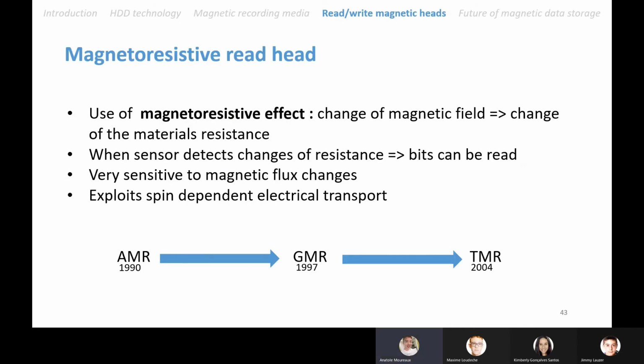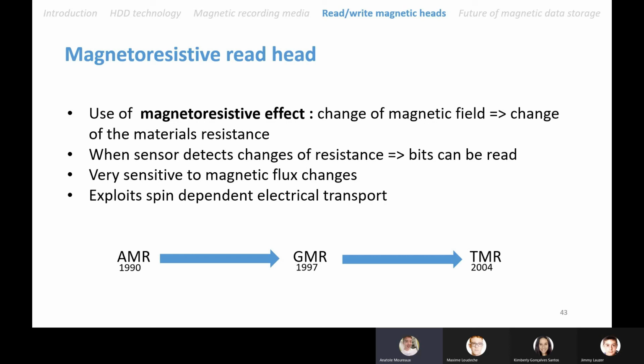Magnetoresistive technology is based on the magnetoresistive effect, which can be described as the change of a material's resistance due to a change of the magnetic field applied. When the reading head sensor detects the change of resistance, it will allow bits to be read. The first magnetoresistive heads introduced were the anisotropic magnetoresistive heads.